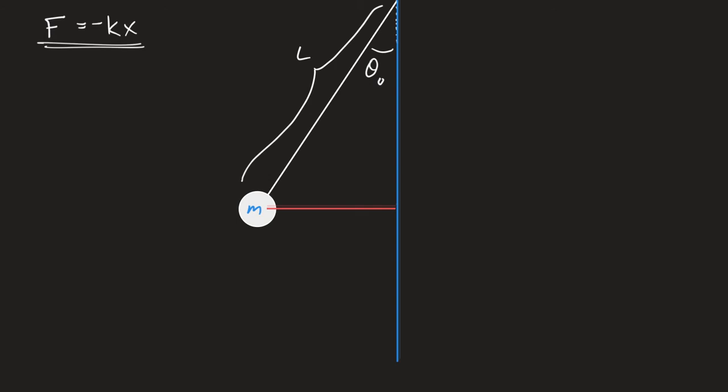So if this were our displacement, we could measure it in meters by doing L sine theta. But is that the actual path that the pendulum will travel along and going back to equilibrium? We know it's not. The actual path is going to be like this, an arc length.